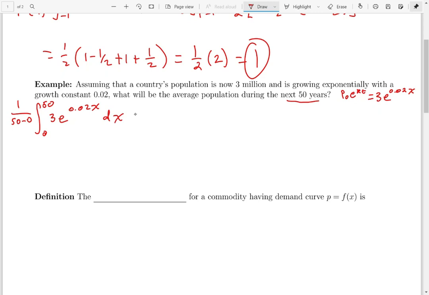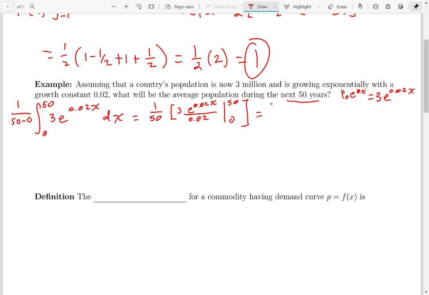So let's calculate our antiderivative. Of course, this is 1/50th times the antiderivative, which is going to give us 3 times e to the 0.02 x divided by the growth constant, 0.02, from 0 to 50. Now I'm going to clean this up a little bit before I try to evaluate the definite integral. And so because of these constants, I'm just going to pull them out.